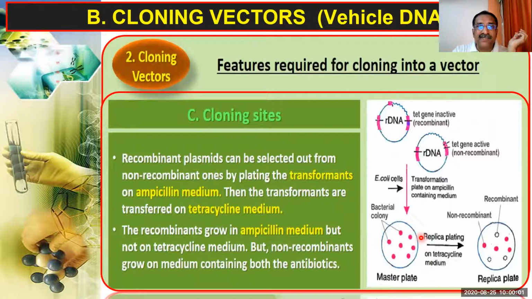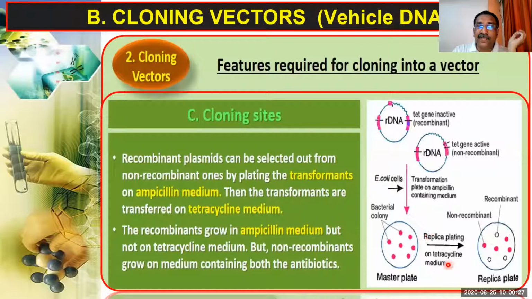The tetracycline gene that got inactivated by adding foreign DNA can grow very well in ampicillin medium, but in tetracycline medium it cannot grow because that gene is inactivated.